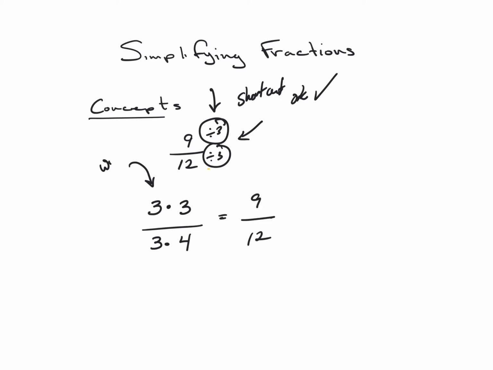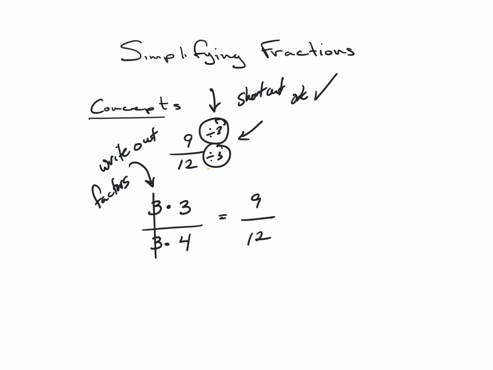So what this is called, down here, 3 times 3, what these are called is factors. So what we're going to do is we're going to write out the factors of the numerator, and then we're going to write out the factors of the denominator. And then what we recognize is that when a factor in the numerator matches identically something in the denominator, we get to cross a pair out.